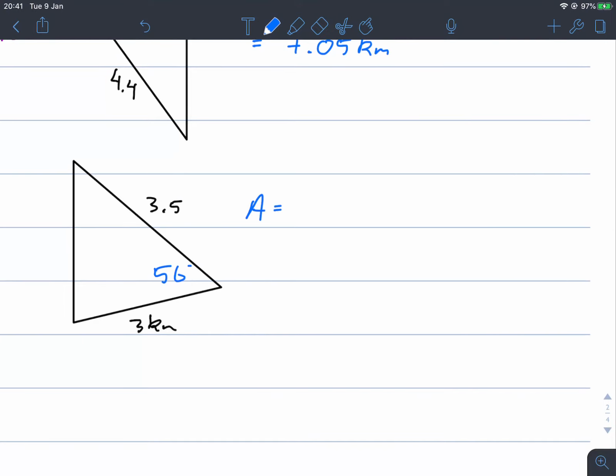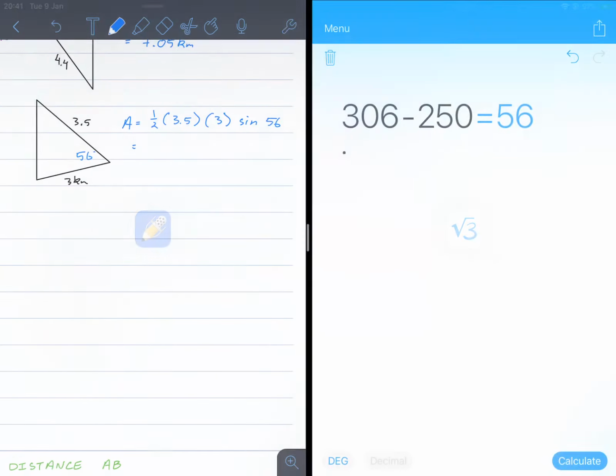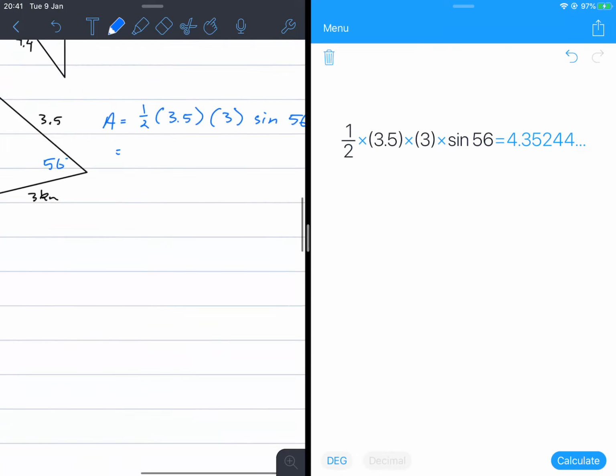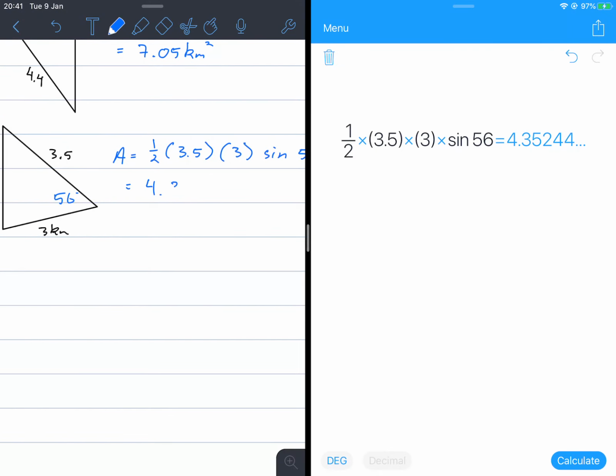Calculating this, area equals half times 3.5 times 3 times sine 56. That gives 4.35 kilometers squared.